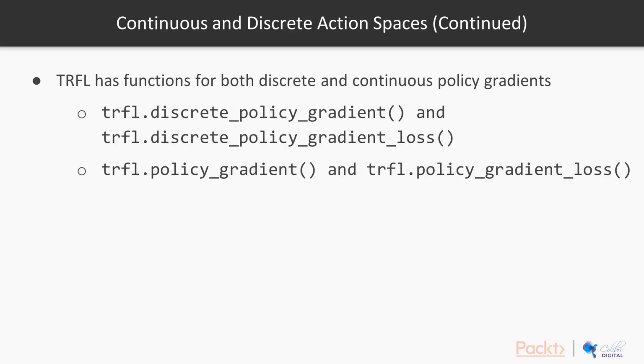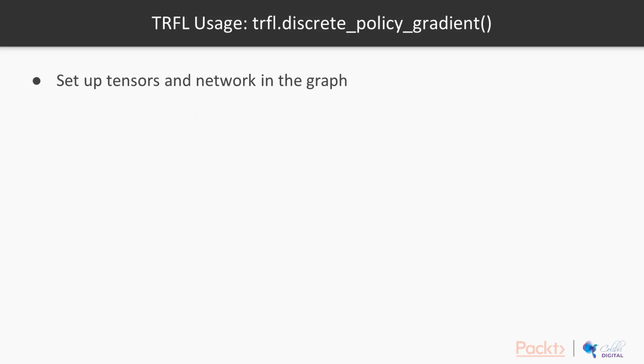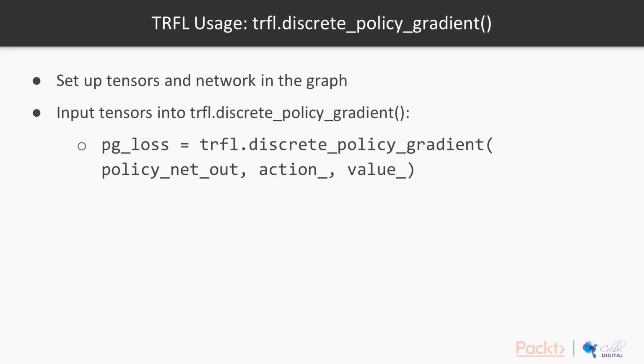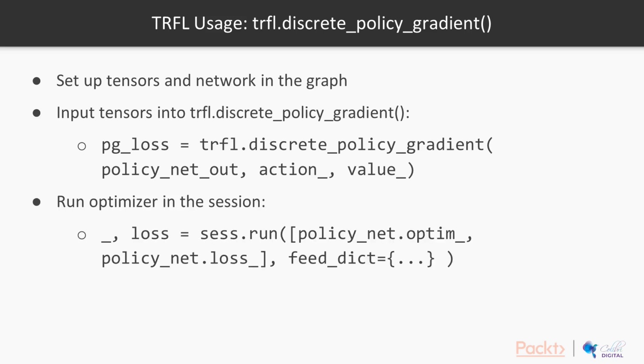TRFL has functions for both discrete and continuous policy gradients. TRFL usage follows the three basic steps. We set up the tensor and the policy network in the graph. We input the output of the policy network and placeholders for actions and values into TRFL.discrete_policy_gradient. In REINFORCE, the values placeholder is from the trajectory of rewards. In the session, we run the optimizer to train on the policy gradient loss.